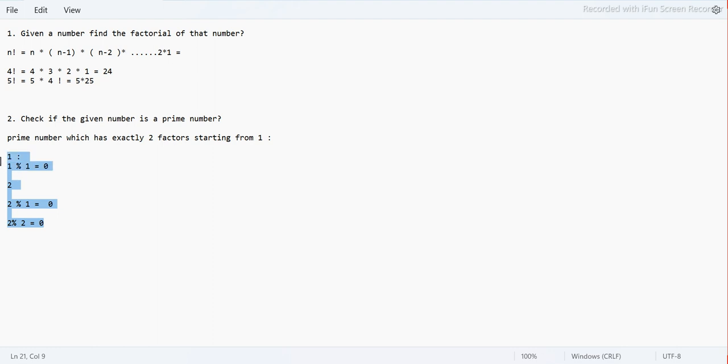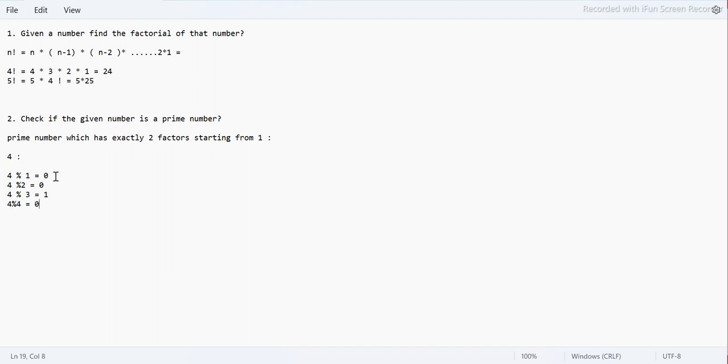Similarly, let's say if I say 4, right? 4 modulo 1 is 0, and then 4 modulo 2 is again 0, then 4 modulo 3 is 1, and then 4 modulo 4 is 0.